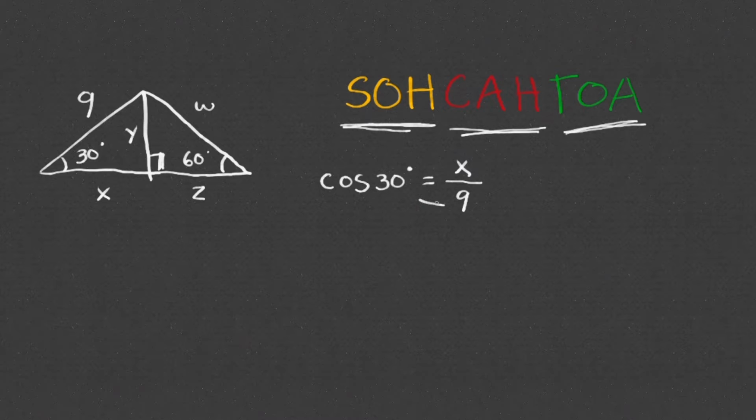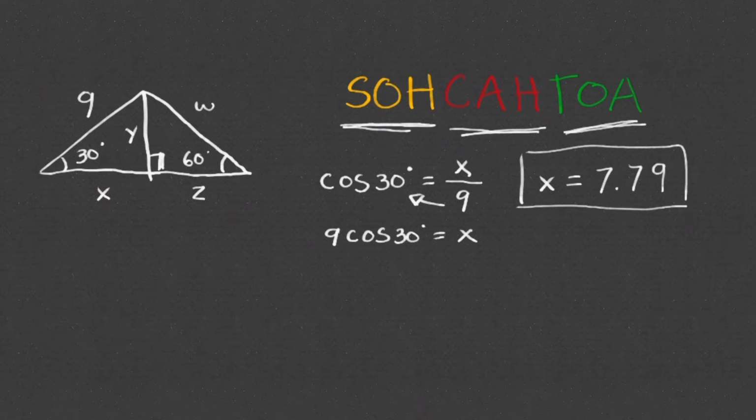So all we're gonna do is cross multiply the 9 to the cosine 30, therefore it will become 9 cosine 30 is equal to x. Therefore, x is equal to 7.79. Let's write in the x.